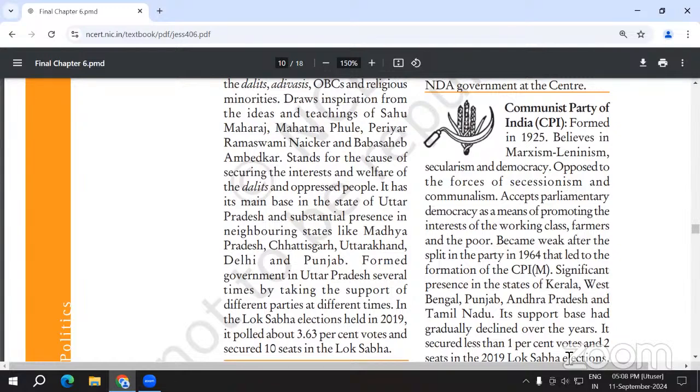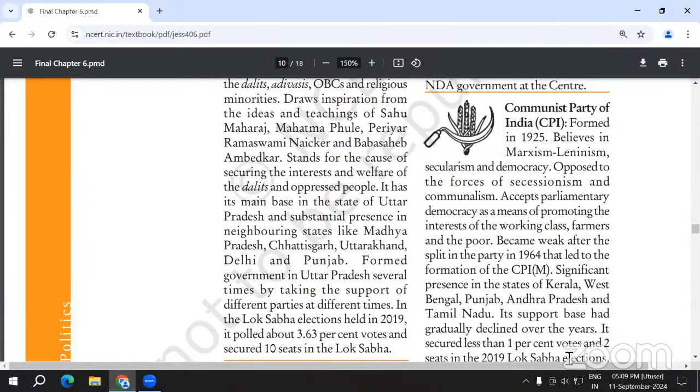So what I was telling is that mostly all that factories and all, some kind of trade union movements used to be started by this political party, that is Communist Party. Because the main aim was to improve the status and condition of the workers, poor and farmers.